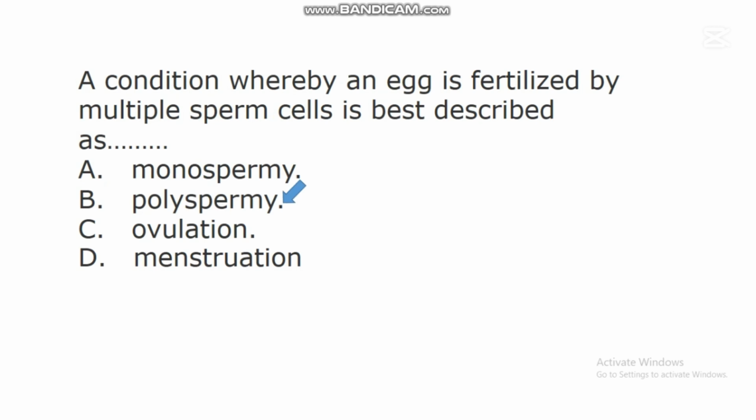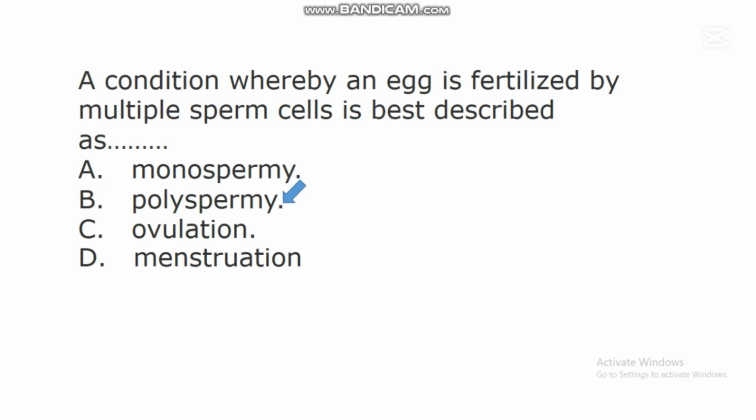And research have shown that when this occurs, it can affect implantation. When polyspermy occurs, it does not encourage implantation. The egg cell needs to be fertilized by one sperm cell.